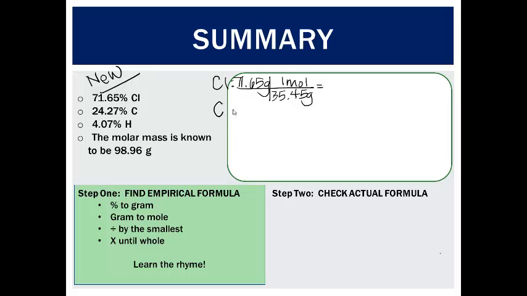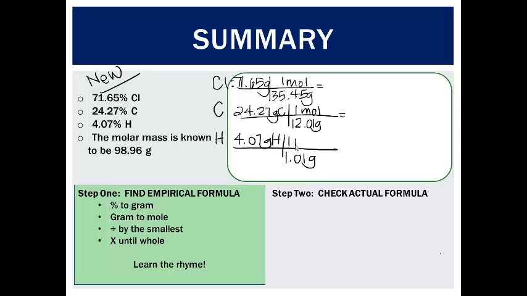For carbon, we have 24.27 grams of carbon. Convert grams to moles. And for hydrogen, 4.07 grams of hydrogen. Convert grams to moles.